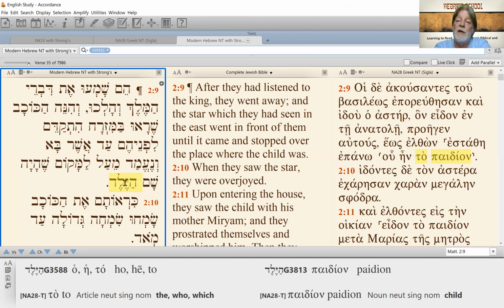Luke tells us that she did that. They offered probably a monetary offering at the temple to redeem Jesus. After his birth, he was her firstborn, so they redeemed him.